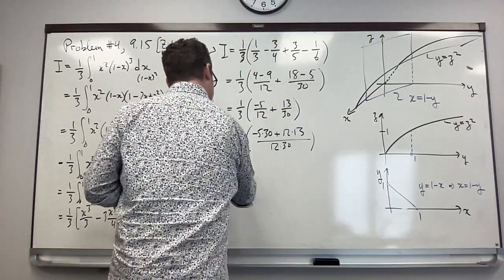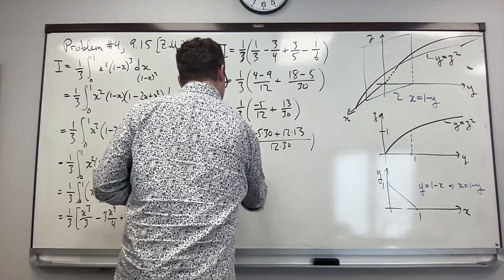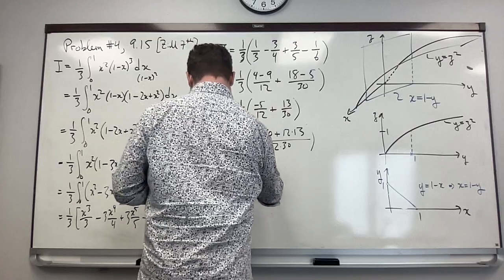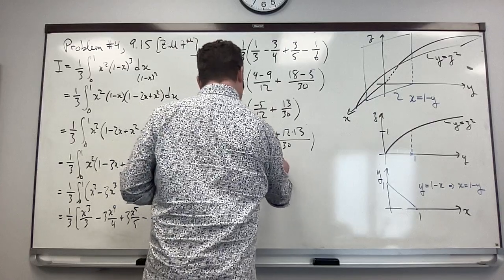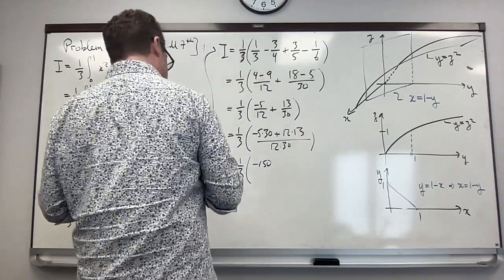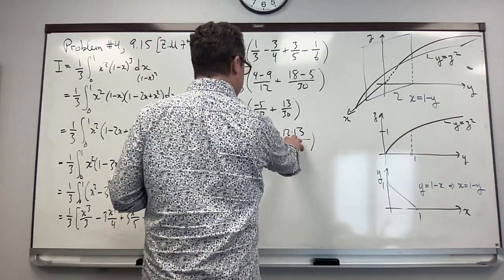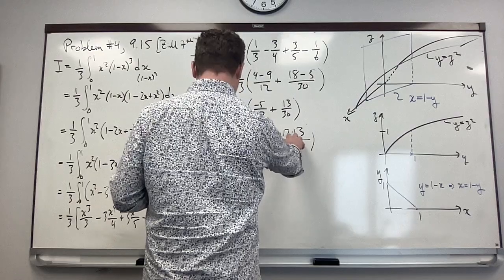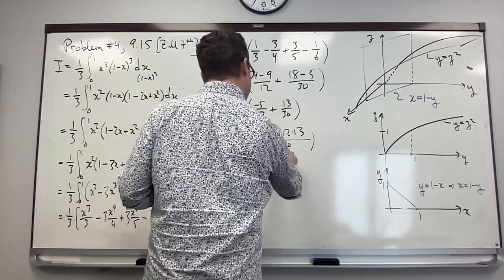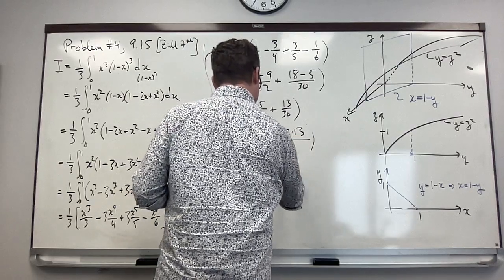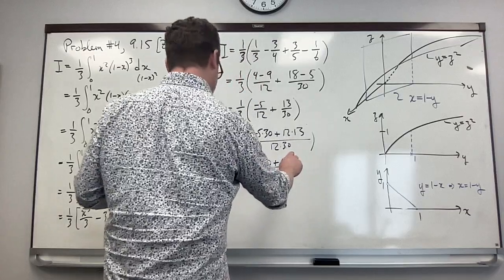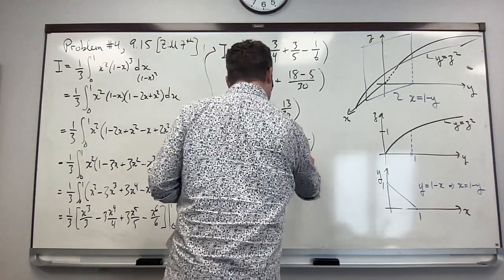So this becomes 1 over 3 times minus 150 plus 156, over 360.